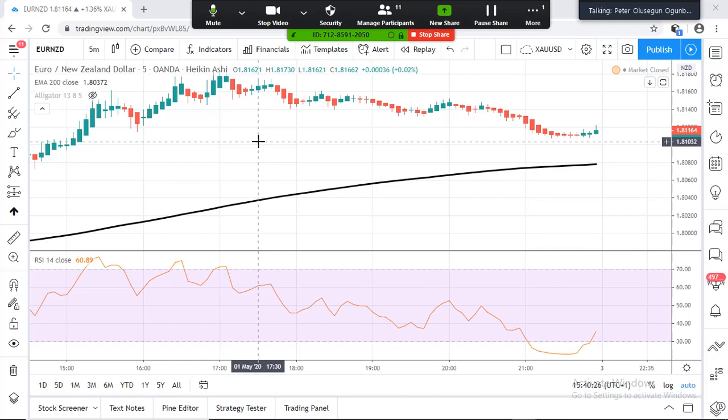The daily candle told us buy. The 4 hour candle told us buy. The 2 hour candle told us buy. The 1 hour candle said sell. The 30 minutes candle said sell. The 15 minute candle said sell. And the 5 minutes candle said buy.